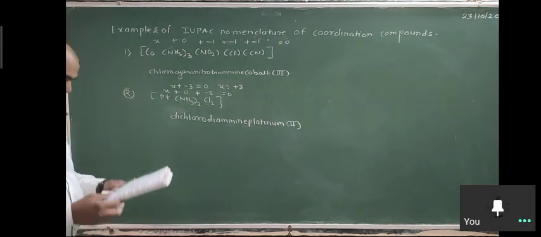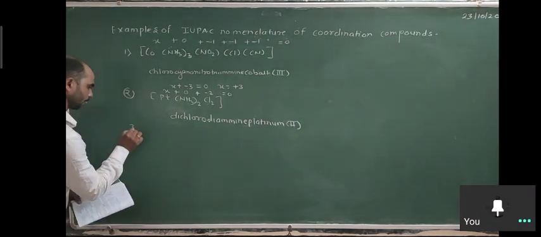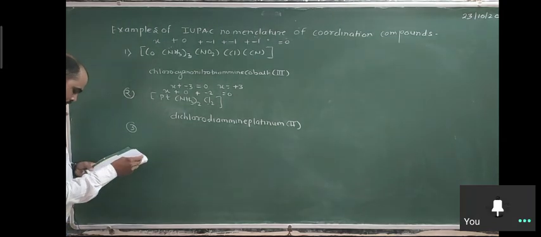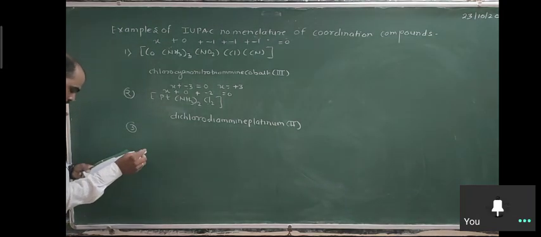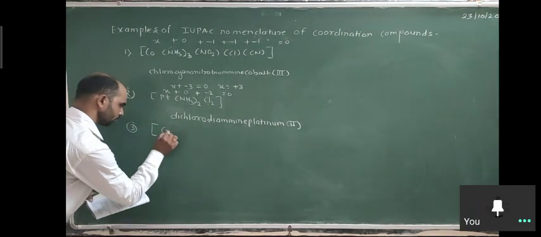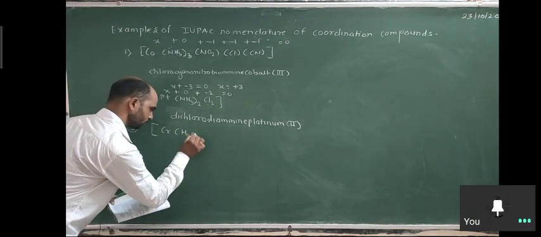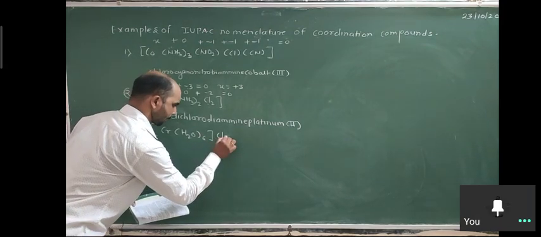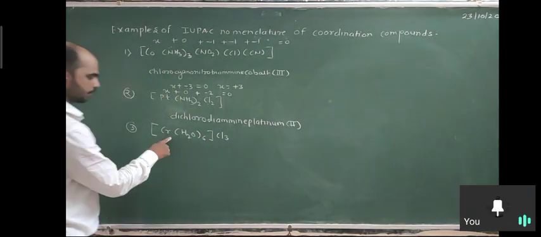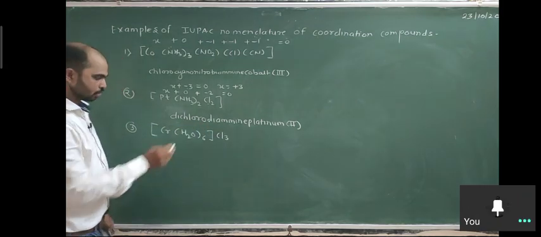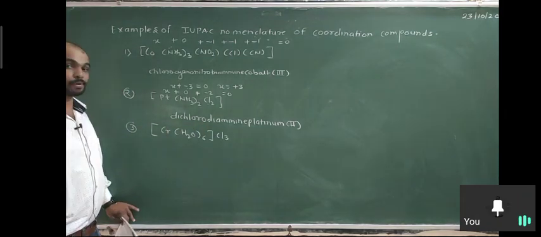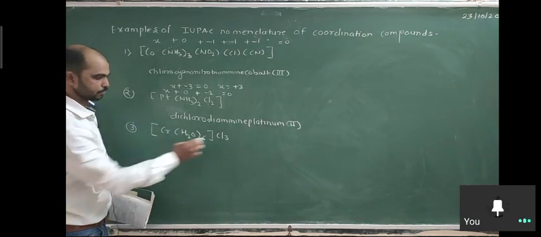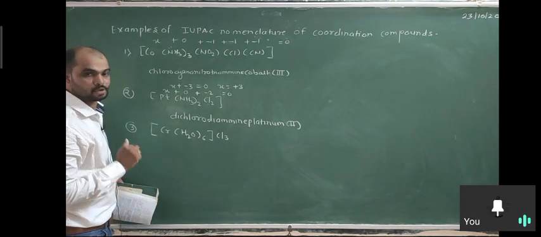Okay. The third example is [Cr(H2O)6]Cl3. Here the coordination compound is ionic, and the complex part is cationic because an anion is present outside the complex.